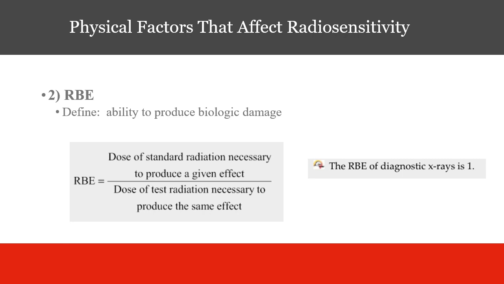It's the dose of standard radiation necessary to produce a given effect divided by the dose of test radiation necessary to produce the same effect. So long story short, it's going to be in relation to LET. If you increase absorption, you're going to increase the effect.